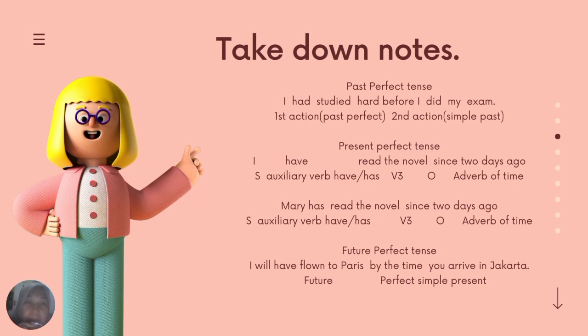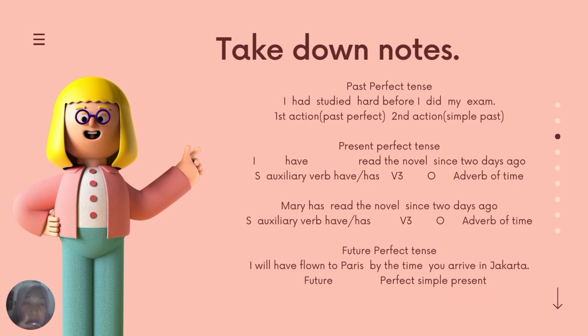The second example for present perfect tense is: Mary has read the novel since 2 days ago. We divide Mary for subject, has for auxiliary verb have or has, and read for verb participle, and the novel is for object, since 2 days ago is adverb of time.